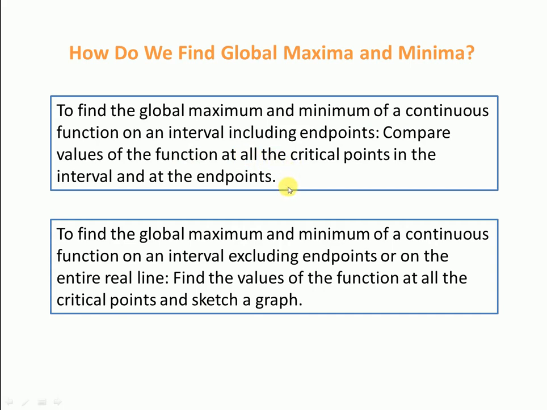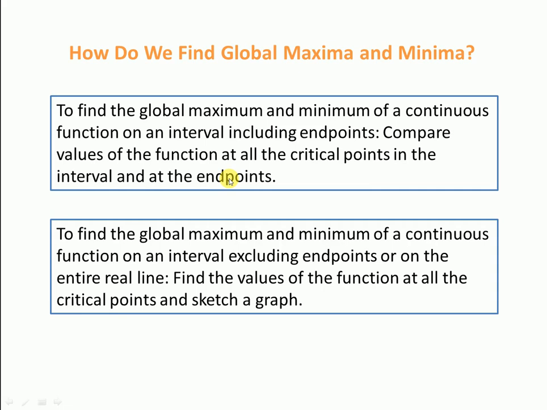So if they give you a function, the first thing is we have to find the critical points, and then plug those critical point values into your original function, and also plug in the endpoints to your original function, and compare the values to see which one is the min and which one is the max.